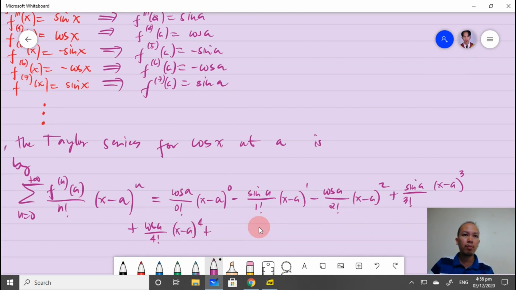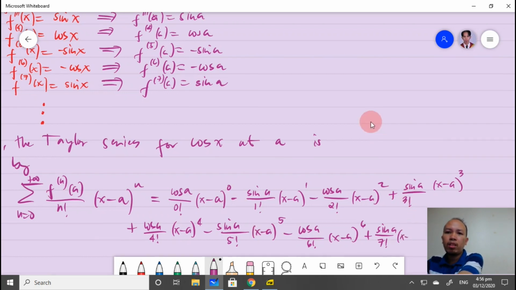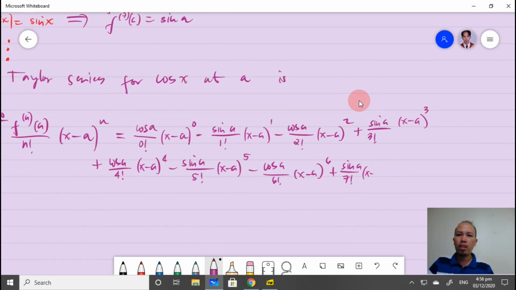Plus, the fifth derivative is minus sine a over 5 factorial times x minus a to the power of 5. The sixth derivative is minus cosine a over 6 factorial times x minus a to the power of 6, plus, again positive, sine a over 7 factorial times x minus a to the power of 7, plus dot dot dot.